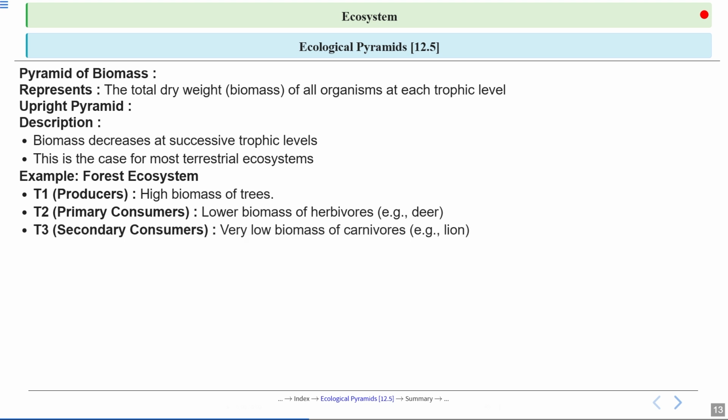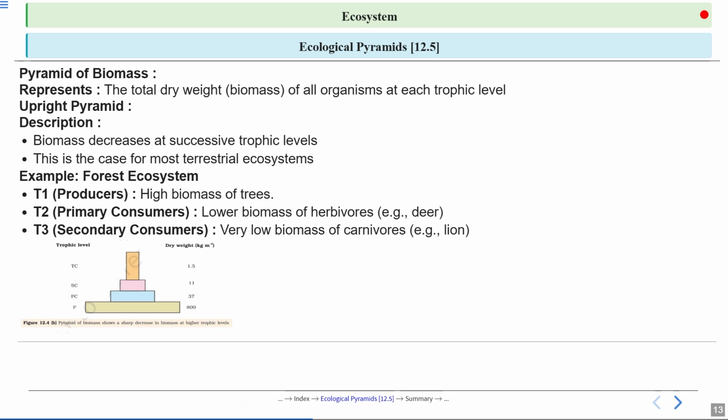Then at the third trophic level, you have the secondary consumers, which have even less biomass as compared to the herbivores. There is very low biomass of the carnivores such as lions. So the biomass of carnivores is less as compared to the biomass of the herbivores. And this, you can see, is the upright pyramid of biomass.